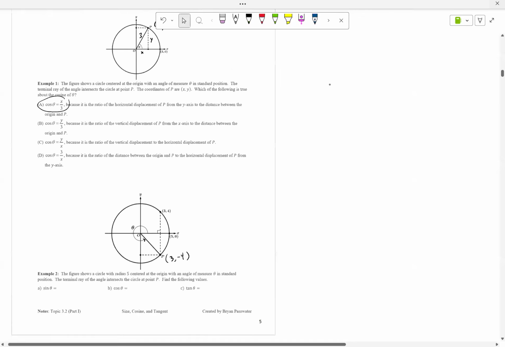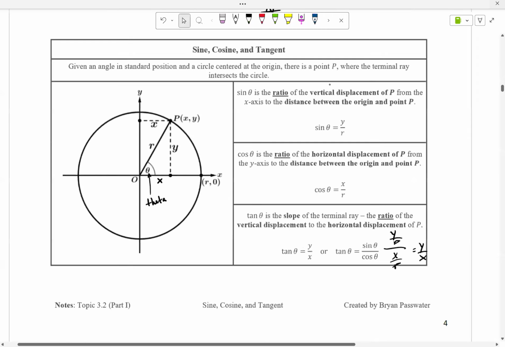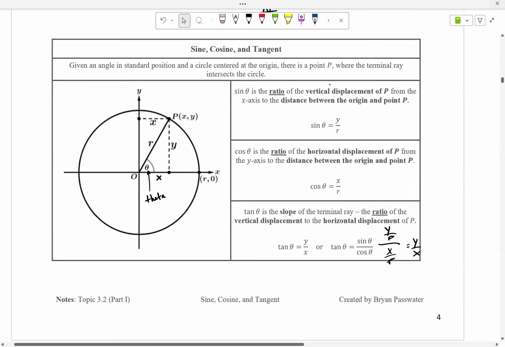And the fact that we've developed some definitions that are no longer dependent on the lengths of sides, it's dependent on coordinates. Ask everyone to just look at me for just a moment because it looks like you're working. What this does is it allows us to abstract. Before we could never find sine, cosine, and tangent unless this angle here were acute.